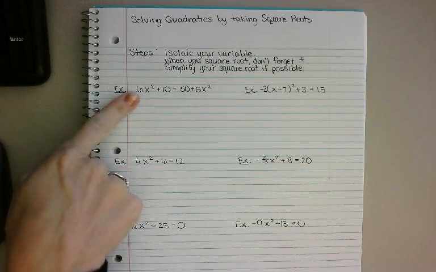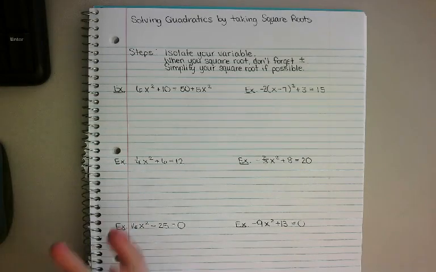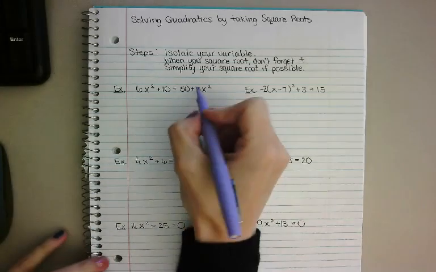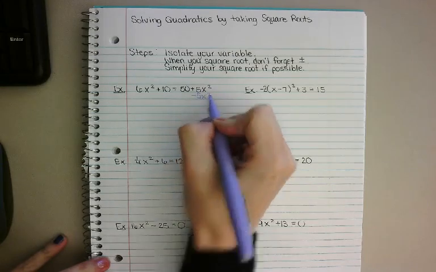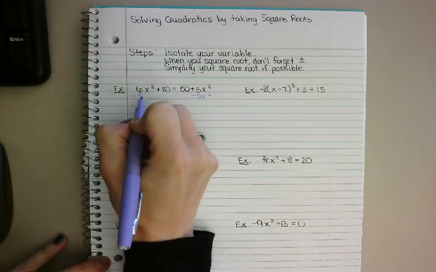All right, so if I look at the first example, I want to get my x squareds on one side and I want to get my whole numbers on the other side. It doesn't matter which side you move the x squareds to, but I'm just going to go ahead and say, let's move this x squared to the left.